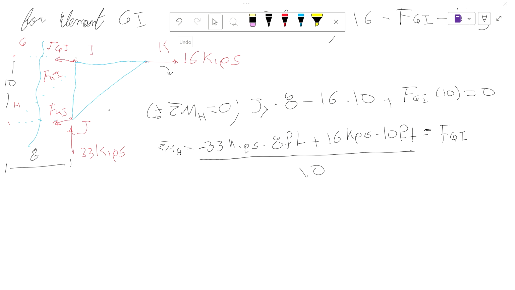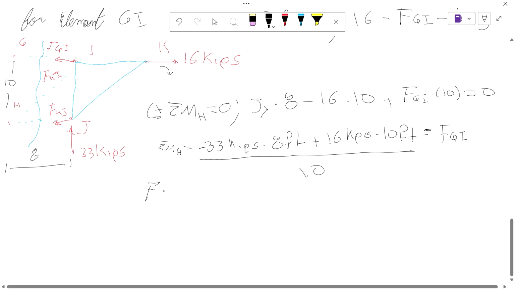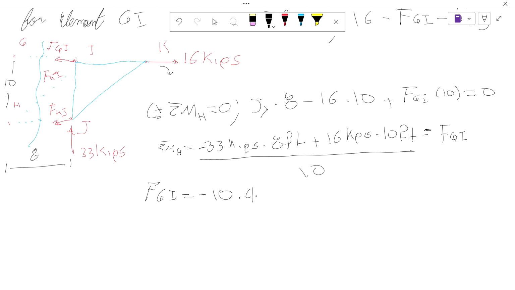Negative 10.4. So FGI, this force, is negative 10.4. Of course, kilopounds.